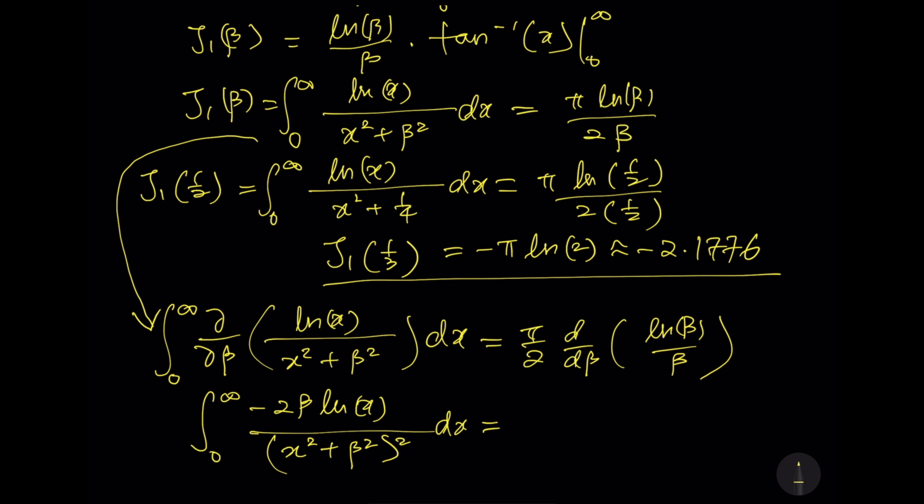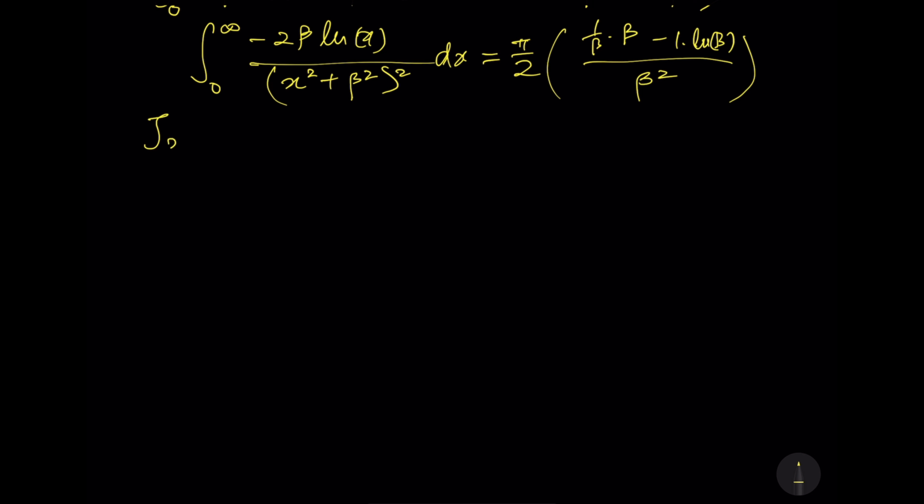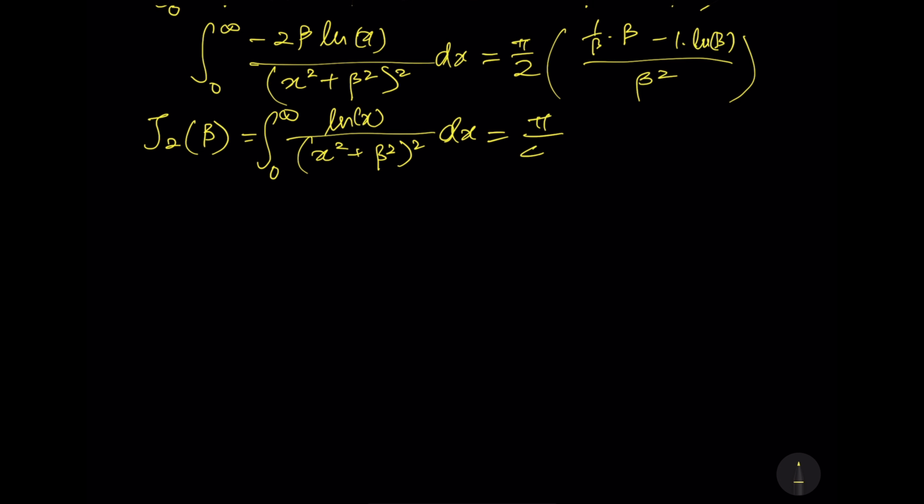While the right hand side is constant pi divided by 2, and then the denominator is beta power 2, while the numerator is 1 over beta multiplied by beta minus natural log beta. Bring the negative 2 beta on the left hand side to the right hand side and then further simplify the right hand side. We obtain J2(beta), which equals pi divided by 4 beta cubed multiplied by natural log beta minus 1.